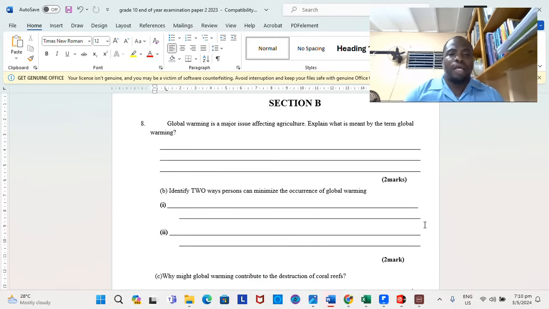There's this imbalance in terms of the greenhouse gases. You know, carbon dioxide and methane are the two major greenhouse gases that help to trap the heat.